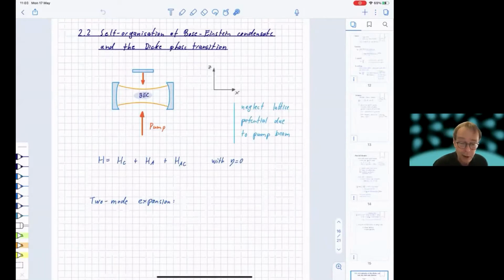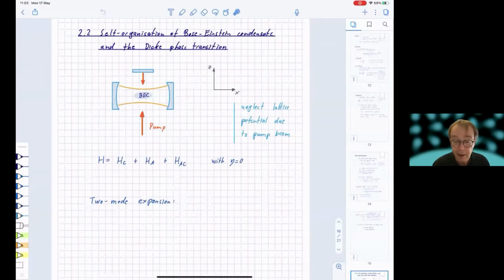We will look mostly at the following configuration: you have a pump beam, a laser beam from the side, which is back reflected, and which is off resonant with the atomic transition of the BEC, so maybe 785 nanometer, and then the atomic transition is 780 nanometers, and it is close to the resonance of a cavity mode. So that is the setting.